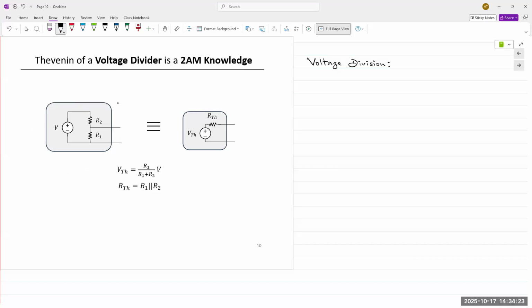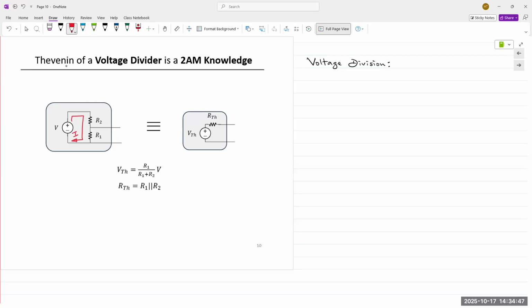Okay, voltage division. How do we derive this? Well, we have current flowing through the circuit. Is the current going anywhere except R1 and R2? Those two measurement terminals are simply wires.